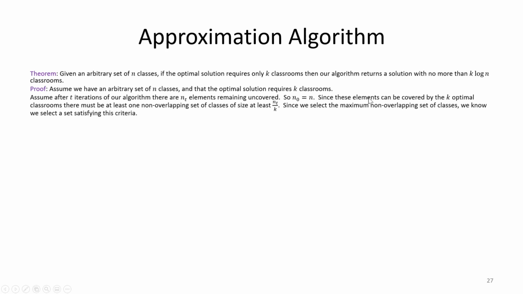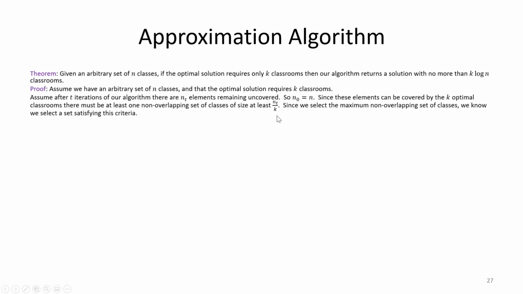Now, one thing we know is, by assumption, that all n of these classes can be covered by k sets. So that means that at any one time, if there happen to be n_t classes we need to cover, there must be at least one classroom, one set of classes, that will fit into one classroom of size at least n_t over k.